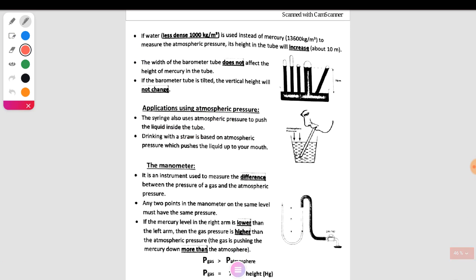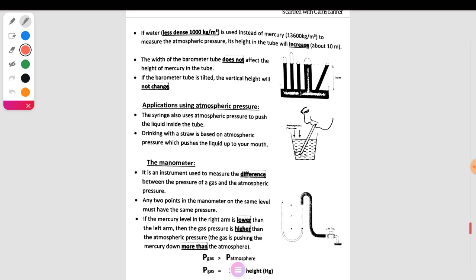The density of water is 1,000 kilogram per meter cubed. Water can be used instead of mercury. Mercury has 13,600 kilogram per meter cubed.